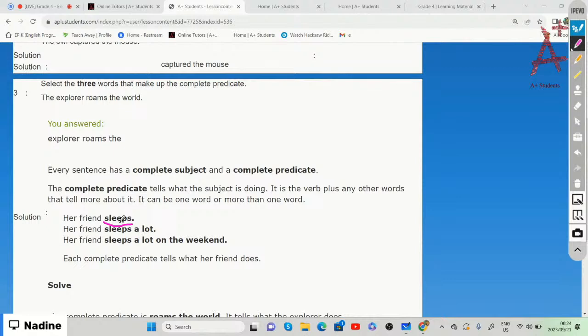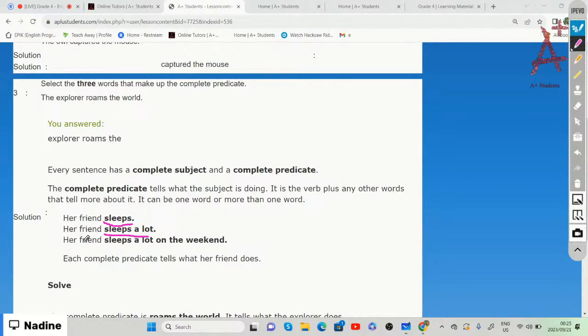Or her friend sleeps a lot, right? So in this case, the same thing. Her friend being the subject and sleeps a lot, which is the predicate. And that is the verb, which is sleeps, and the other words tell us more about it. Because it tells us that she's sleeping a lot.